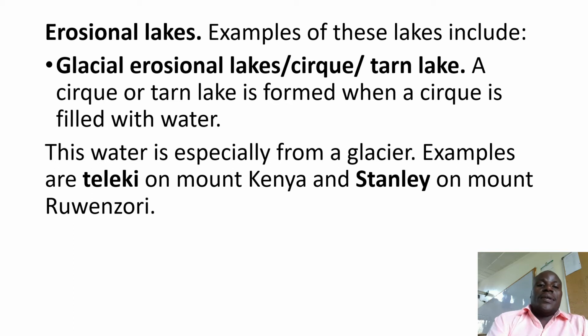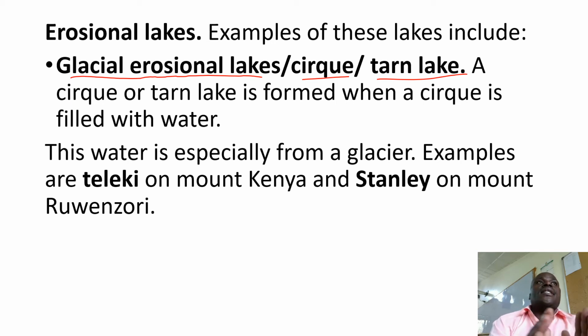Then we have lakes which are formed under the process of erosion. These lakes include some glacial lakes like cirque or tarn lakes. What is a tarn lake? A tarn lake is a lake formed when a tarn or a cirque is filled with water.